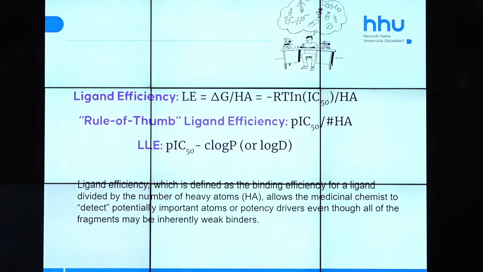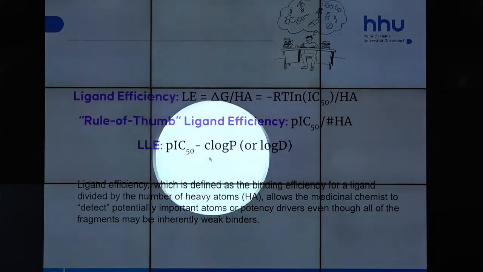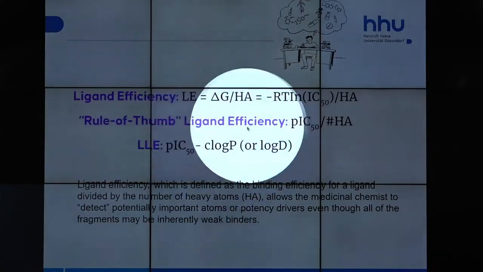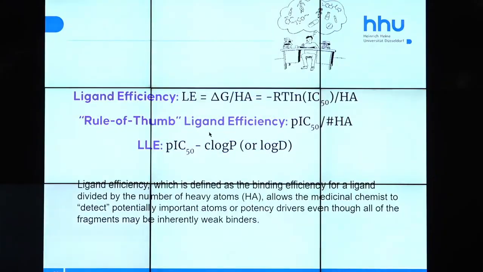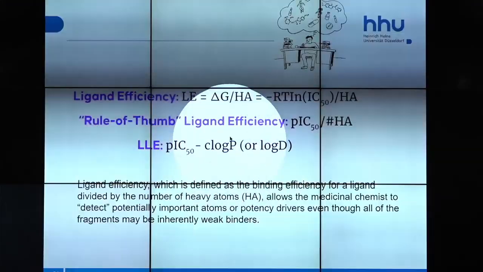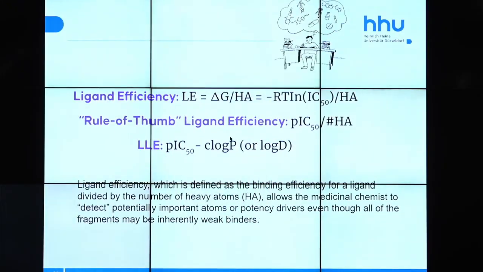There I remind you of the ligand efficacy with the C log P value. C log P means calculated log P value. Calculated log P value means that you do not have to do experimental work for this. You can just take your computer and let it calculate this by increments.